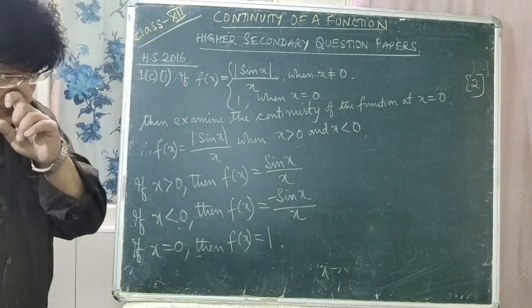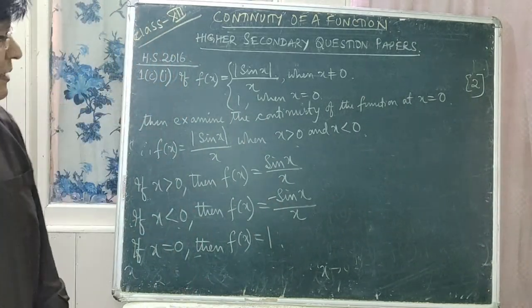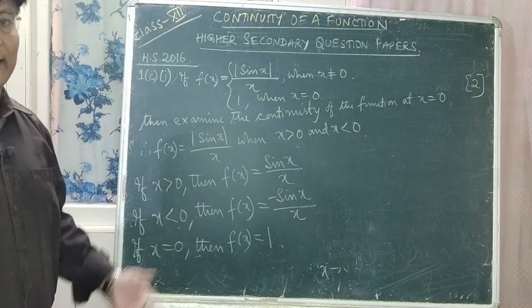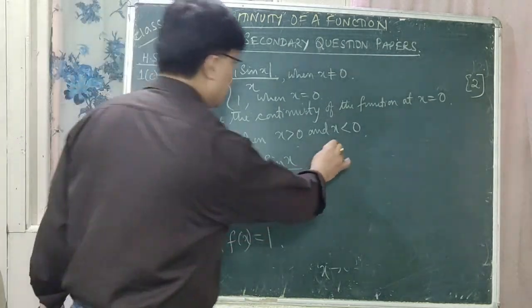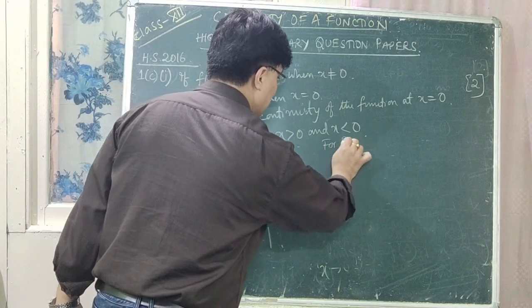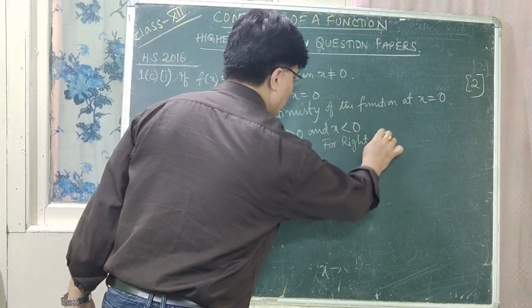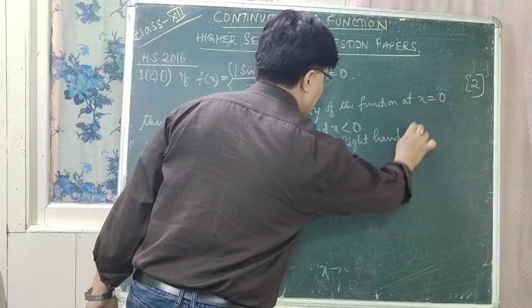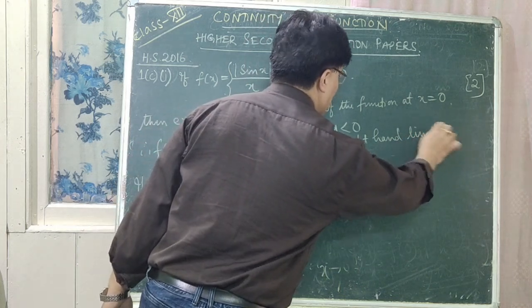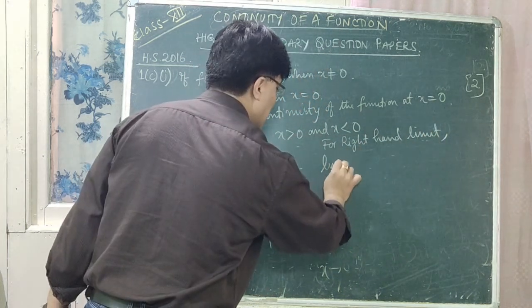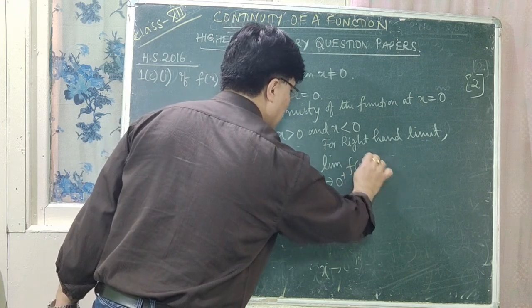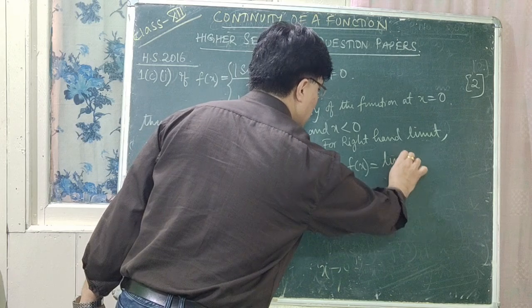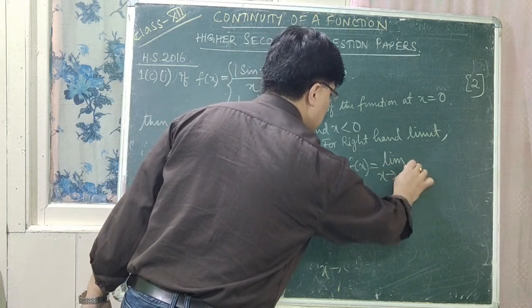Is that clear now? So let us write down the right hand limit, left hand limit and the value of the function when x is exactly equal to 0. Okay, so write down for right hand limit, limit x tends to 0 plus f of x is equal to limit x tends to 0 plus.